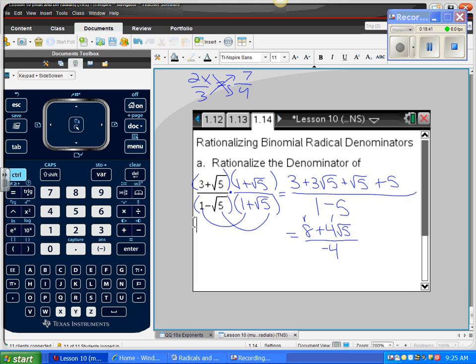If it doesn't divide into both pieces, it stays. Okay, 8 divided by negative 4 is negative 2, and 4 divided by negative 4 is negative 1. So I get negative 2 minus radical 5. It's got to be simplified into both pieces in order to simplify.